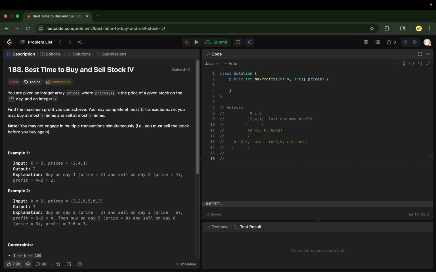So we have some conditions: i should be larger than or equal to 0, but k has to be larger than 0. This is different.